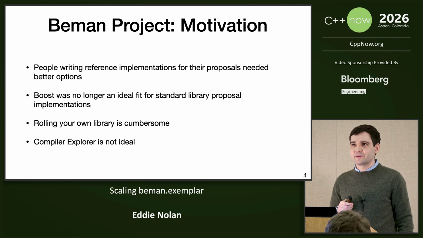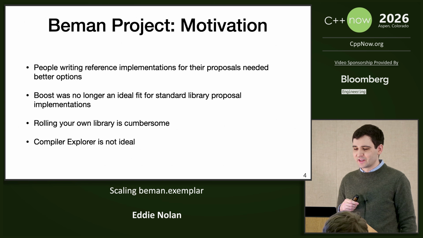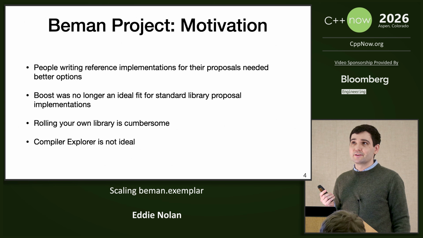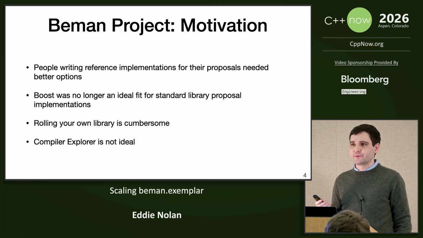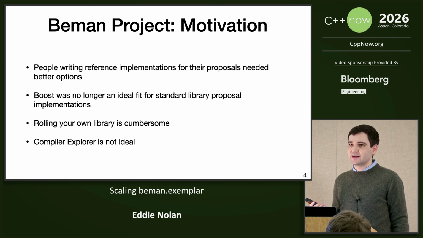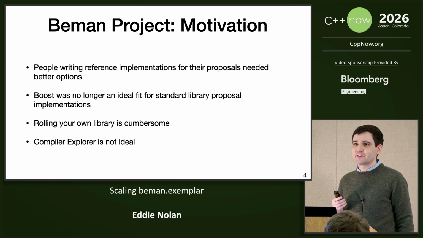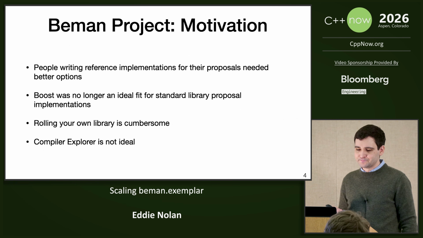So if the standards committee requested a change to your library and you had already settled on a stable API in your Boost library, you wouldn't get the implementation experience before it went into the standard. And then you could always roll your own implementation, but doing so requires thinking about a lot of CMake and infrastructure details that aren't really directly relevant to the project of standardizing a library.